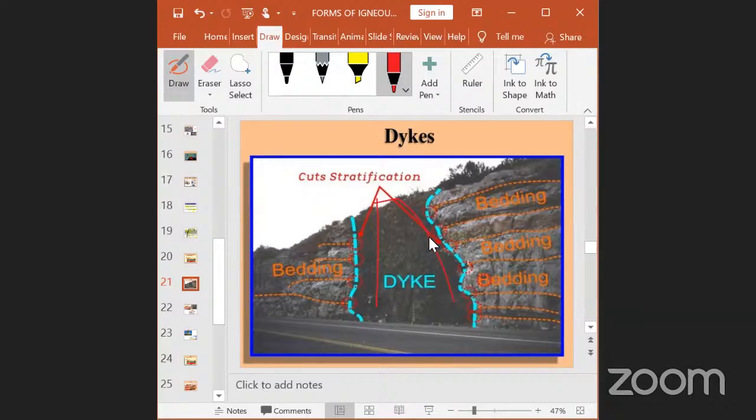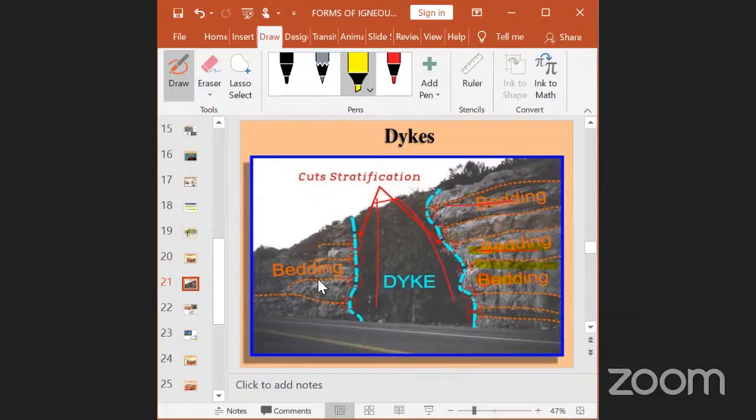Since they are sheet-like, they are narrow in width and have nearly uniform thickness, with parallel sides. You see these parallel sides here.